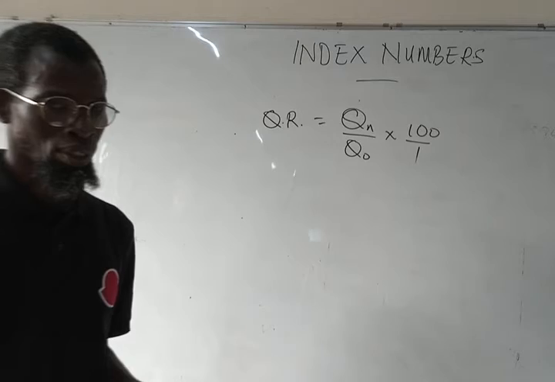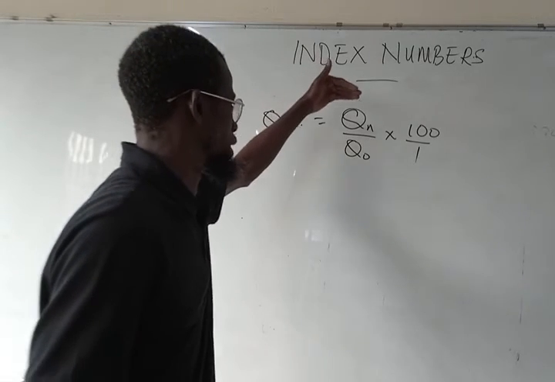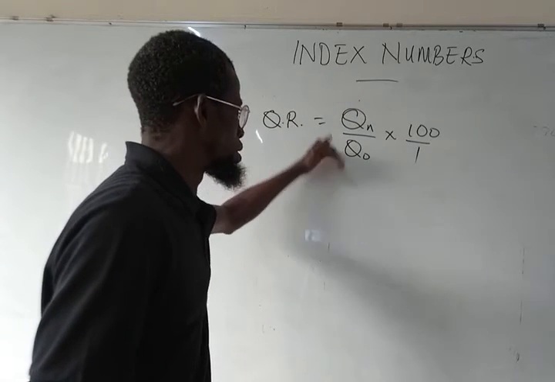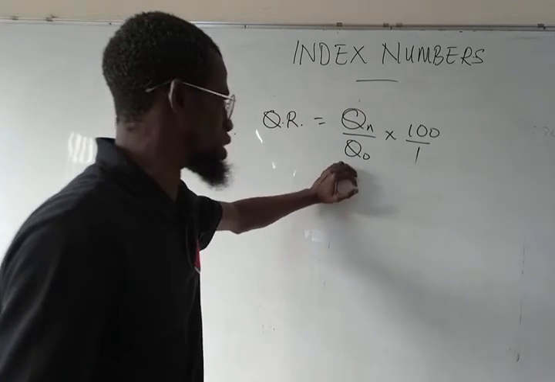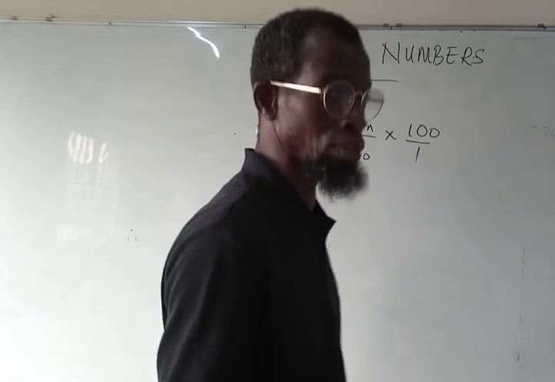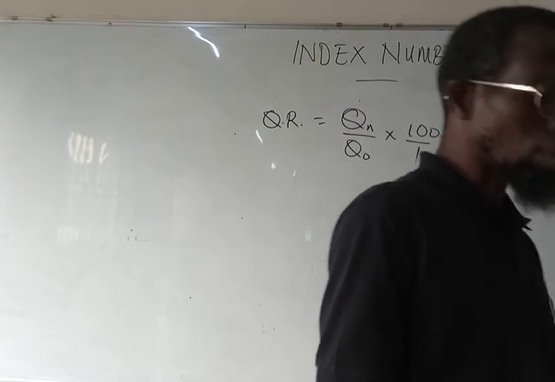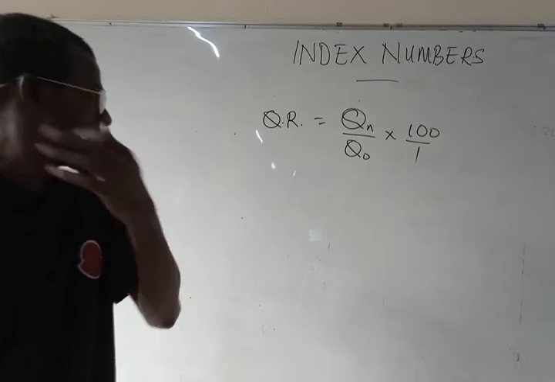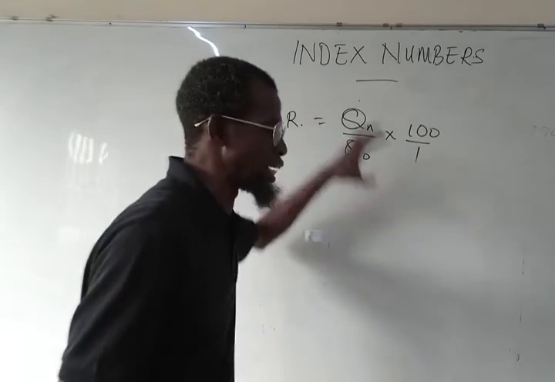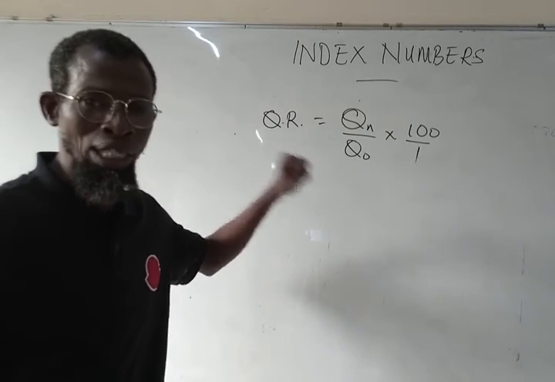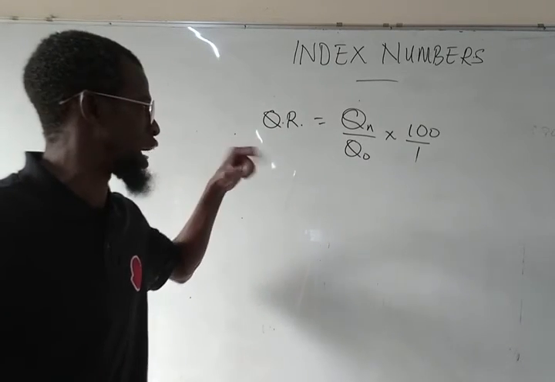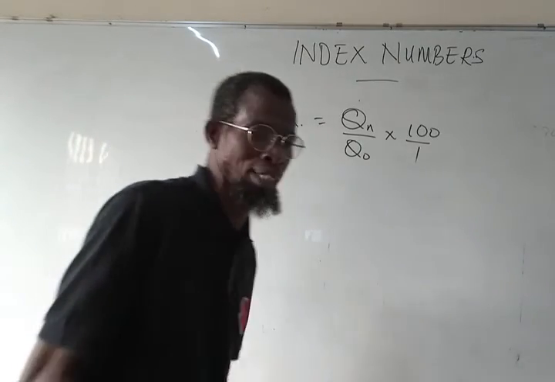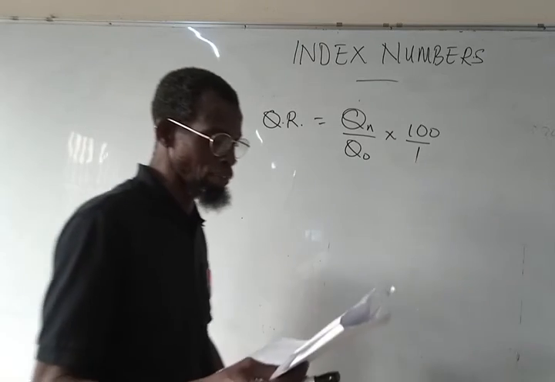Base period. That is the ratio of a given quantity in a given period over that of the base period, then multiplied times 100. Like I've said, I don't need to demonstrate this. It is very similar. Instead of using price now, we extract the value of the quantity given to us in any of the questions and express them in terms of given quantity.